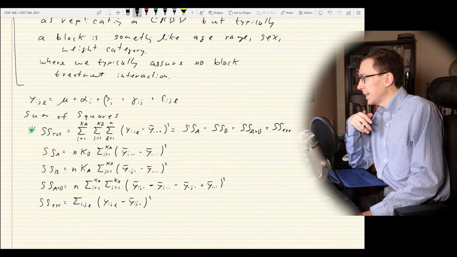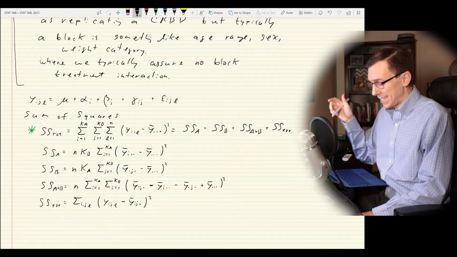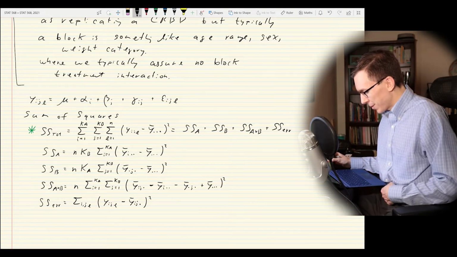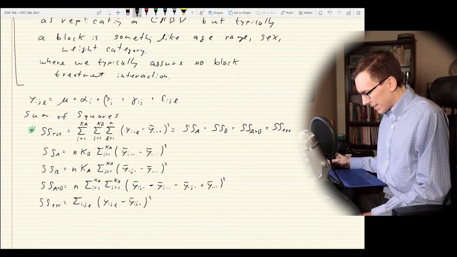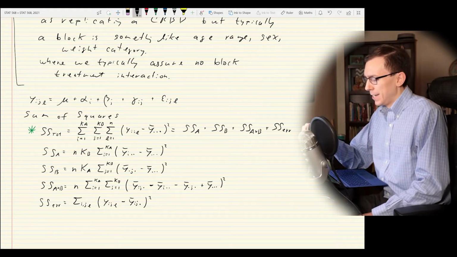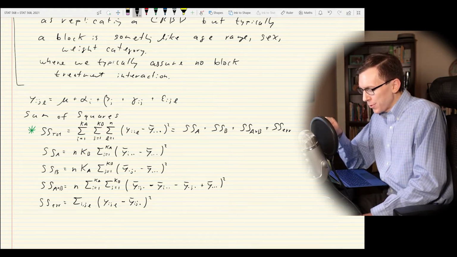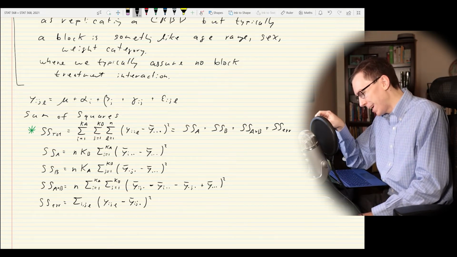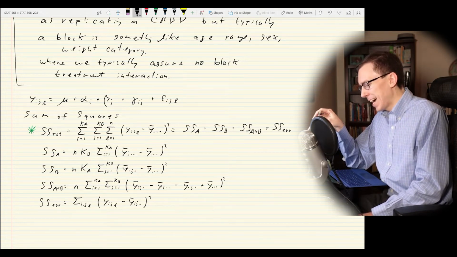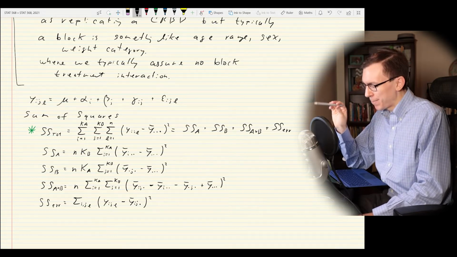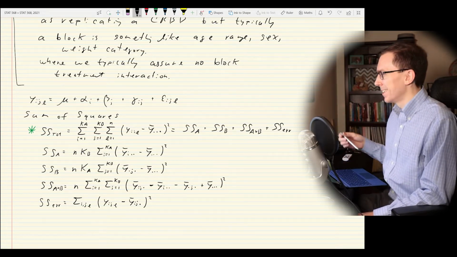And that's what we get for our sum of squares decomposition. If we put all of these back together, just by eyesight, it looks like everything should cancel out, because you have a y bar i and a minus y bar i, and you have a y bar j and a minus y bar j, and so on.